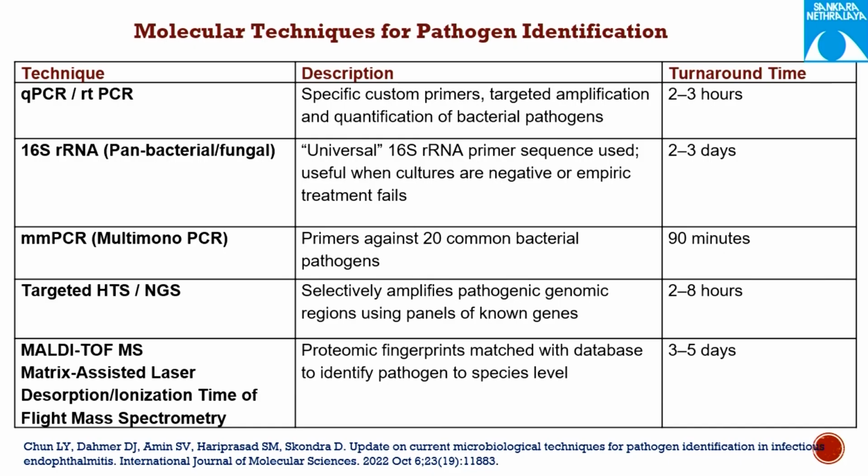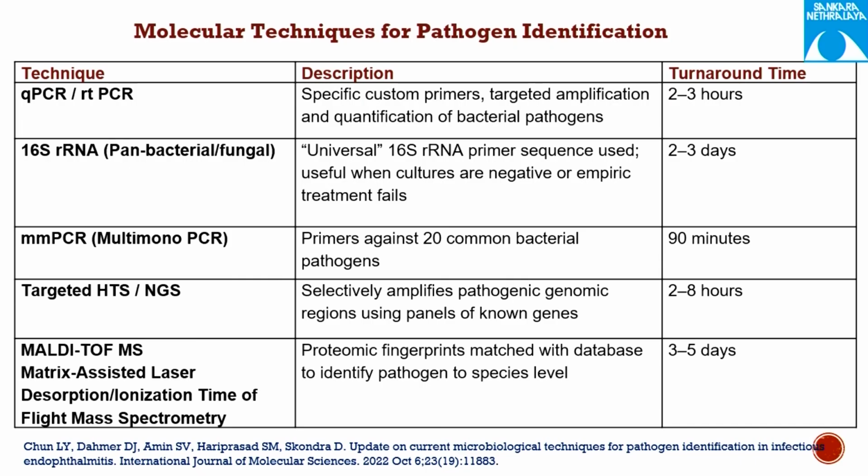Then we have matrix assisted laser desorption ionization time of flight mass spectrometry, also called MALDI-TOF MS. Its proteomic fingerprint is matched: first the cell extract is split by the ionization technique, and then the cell extract is studied, and the sequence is compared with the already existing database, and the turnaround time is 3 to 5 days.